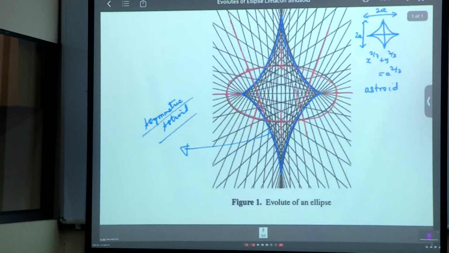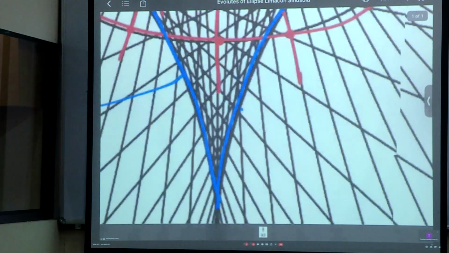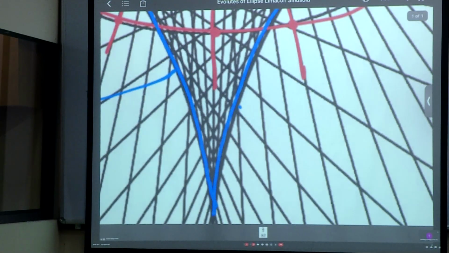You see that the red ellipse is your original curve, and then you draw the black normals to it. Then you get this blue curve which is the evolute. But do you see that the evolute is actually the envelope of the normals? You look at every point of this blue curve, why it shows up is because it is an envelope of lines.